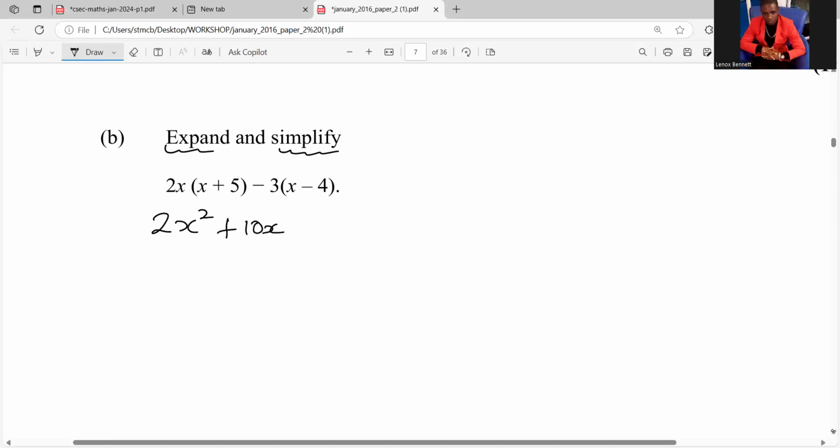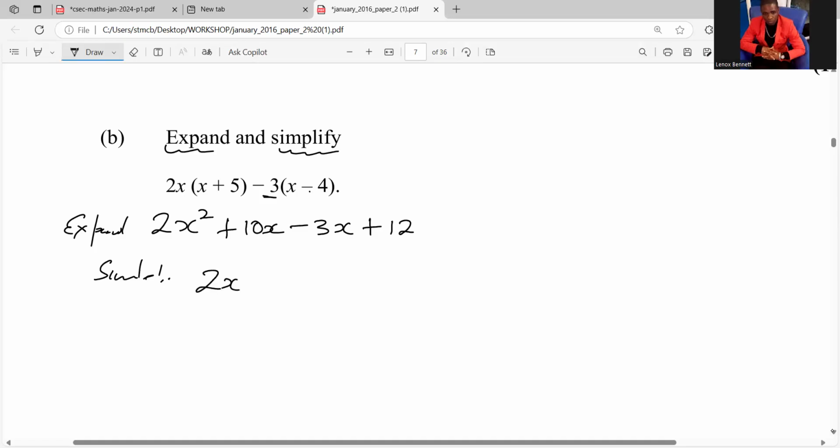Positive times a positive. All right, this one now, this is where students always seem to falter. We have negative 3 times x would give us minus 3x. Negative times a negative is positive. Please remember that, guys. And of course 3 times 4 is 12. So we've expanded. Now all we have to do is simplify by grouping the like terms.